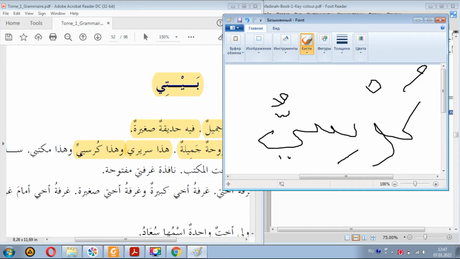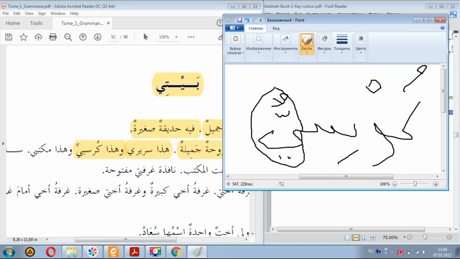possessive pronoun ya, like my, we added one more ya, so it's like 3 ya in a row. Here we have 2 ya. Why 2? Because it's shadda. Shadda implies that there are 2 ya here. And then we added this third ya, which is a possessive pronoun, kursiyi. That's how it's pronounced.